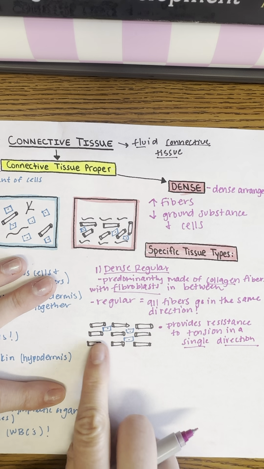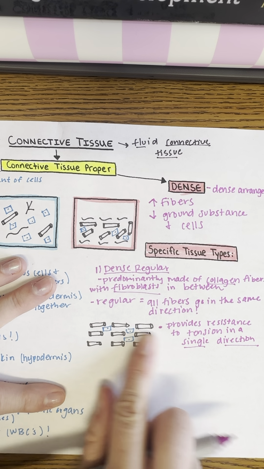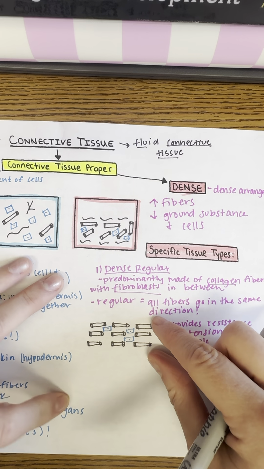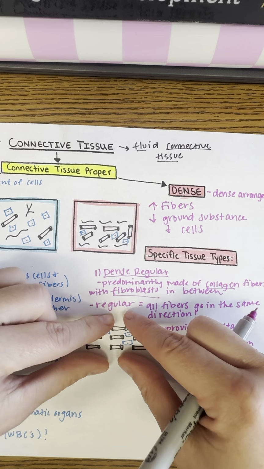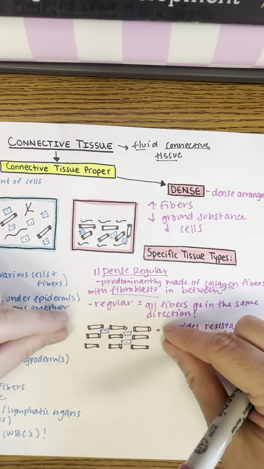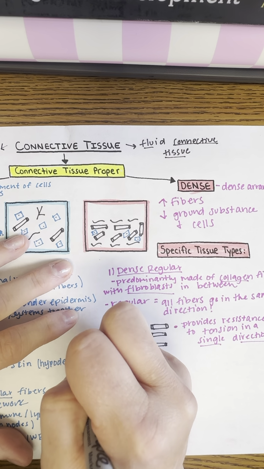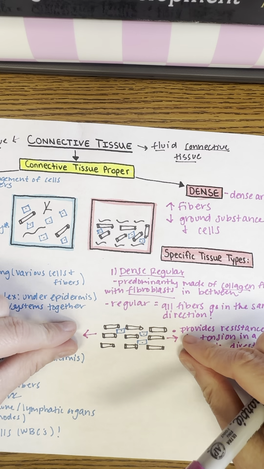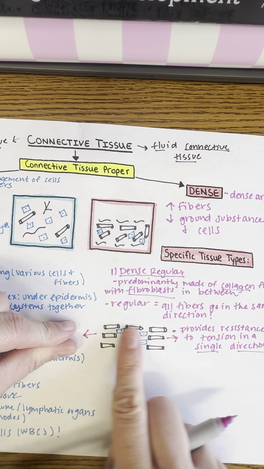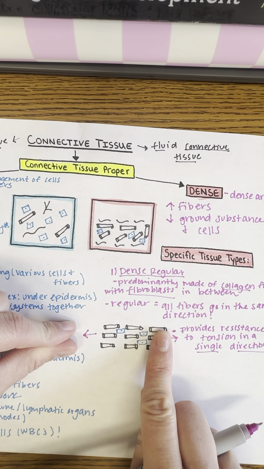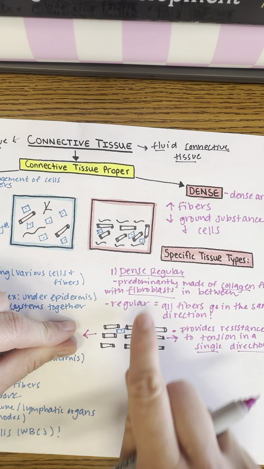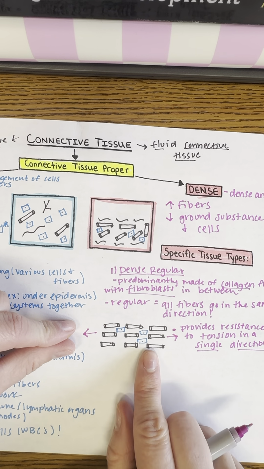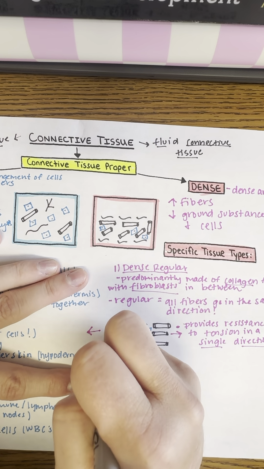If you look at how these are arranged, they're kind of arranged side to side. So these tissues are able to resist tension in those directions. So pulling on it this way or pulling on it this way, it would be able to compensate for that very easily because all of these are running in the same direction. Now, if we were to be pulled this way or down this way, that's when we could run into some issues.